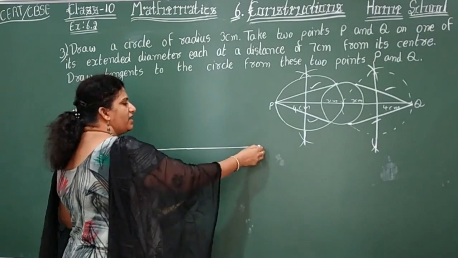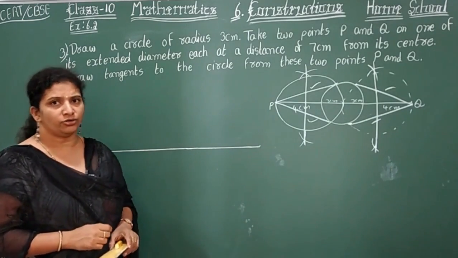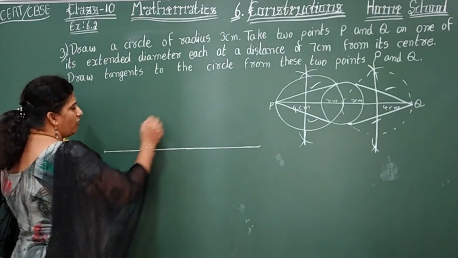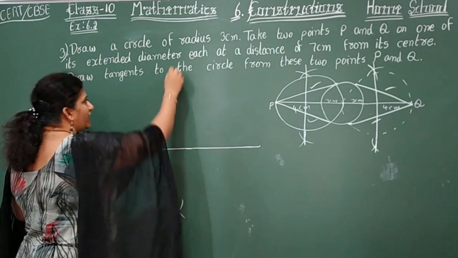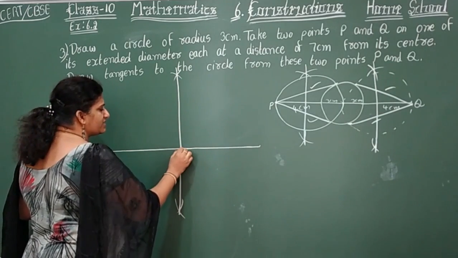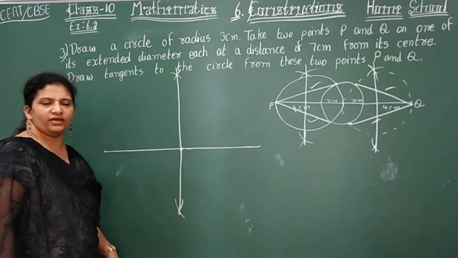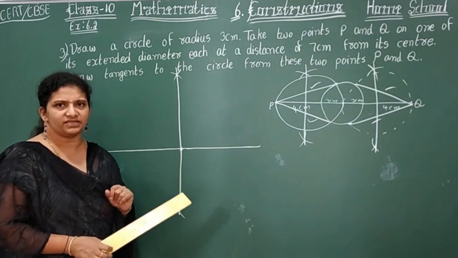So from here you need a center to draw a circle. How do you do it, children? Now, more than half, bisect this. Look here carefully. So now this is the center. To make a center point, I have done a bisector.